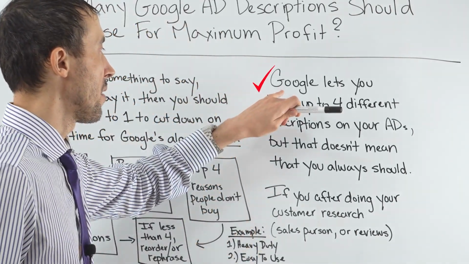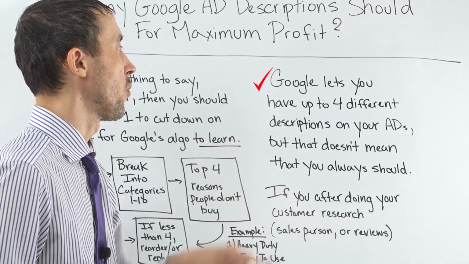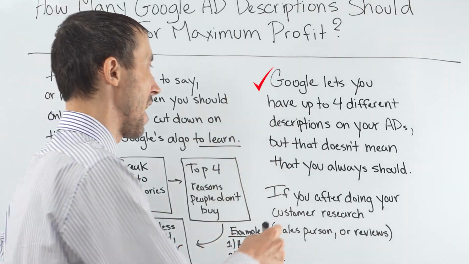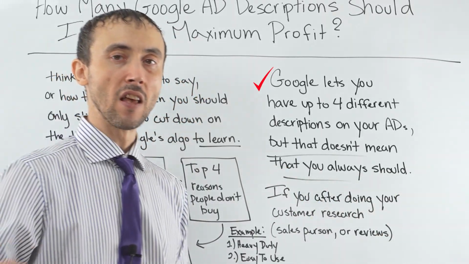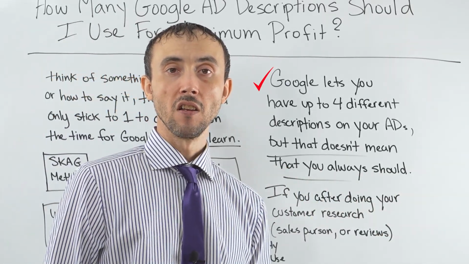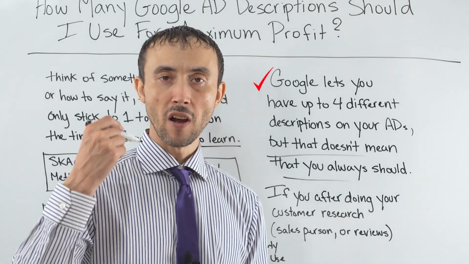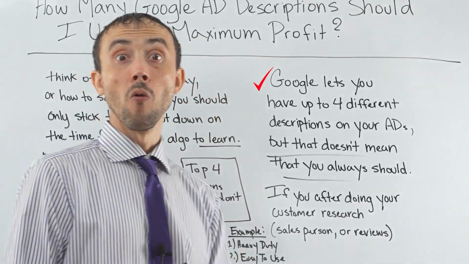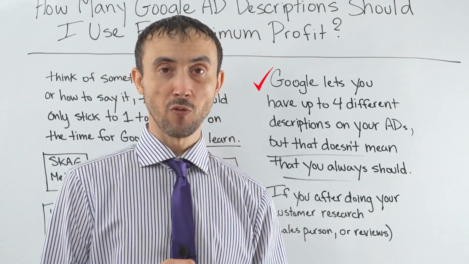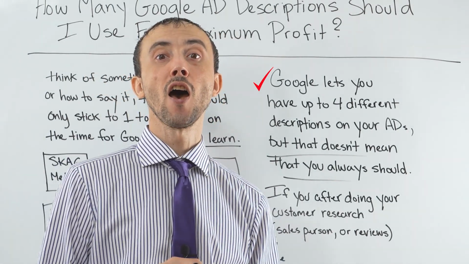So anyway, Google lets you have up to 4 different ad descriptions on your ads. But like I said starting out the video, that doesn't always mean that you actually should. You only do things when you're advertising if there's a purpose. This whole, oh, there's 4 ad blanks, I'll just fill them all in, then I'll have a 100% ad score.